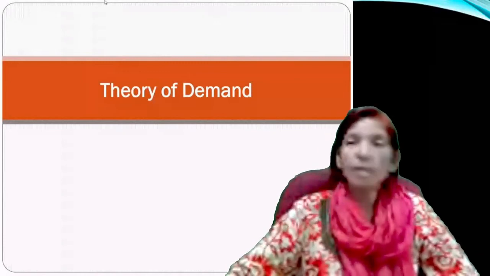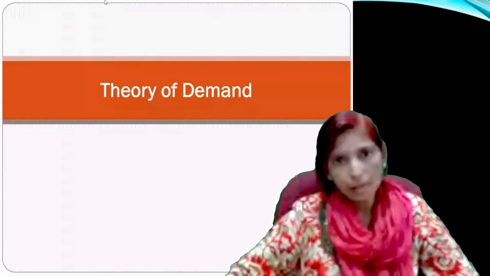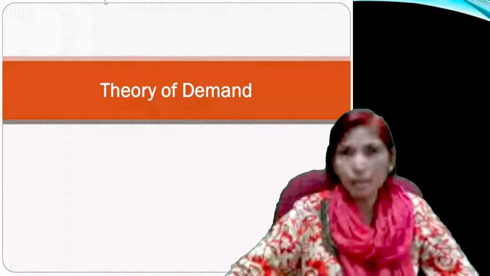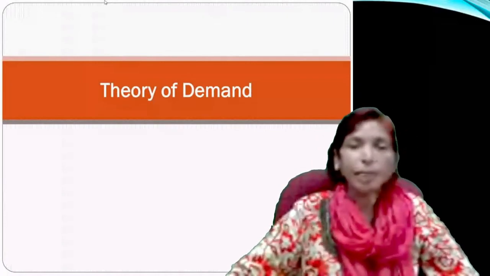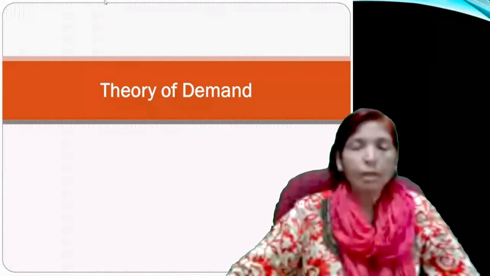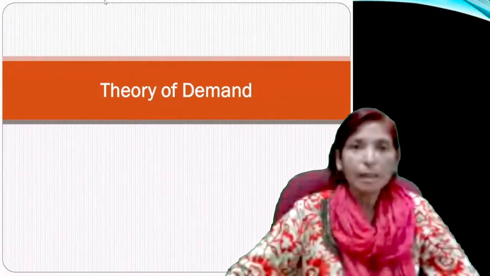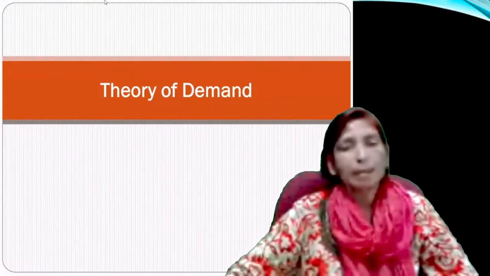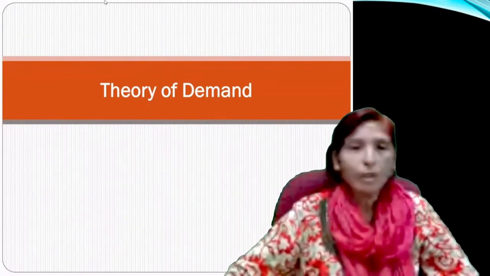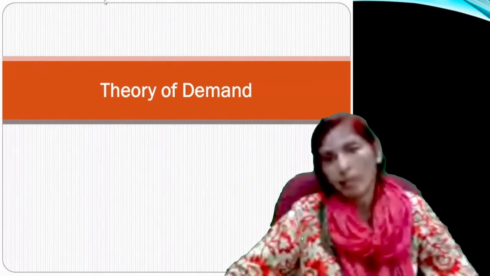They produce goods and services for the satisfaction of consumer wants. Firstly, consumers demand goods and services. After that, producers produce goods according to the taste, demand and preferences of the people of the country, and then they can get maximum profit. So theory of demand plays a very important role in managerial economics.